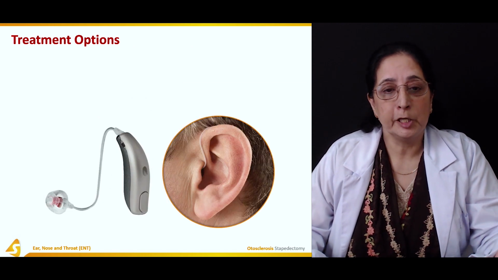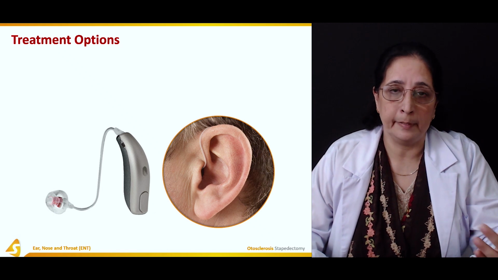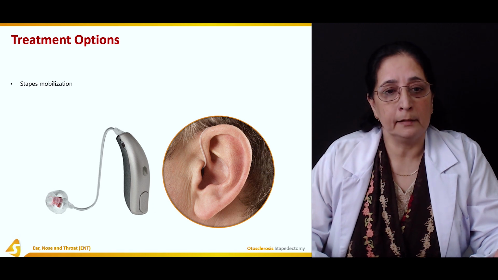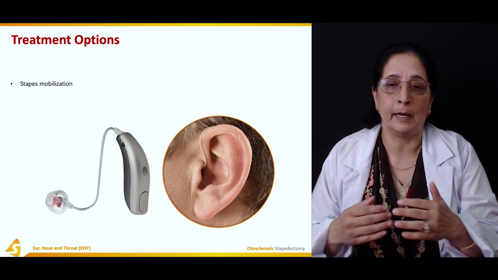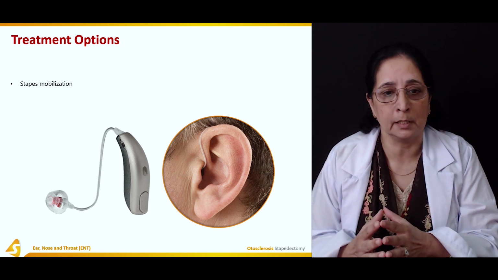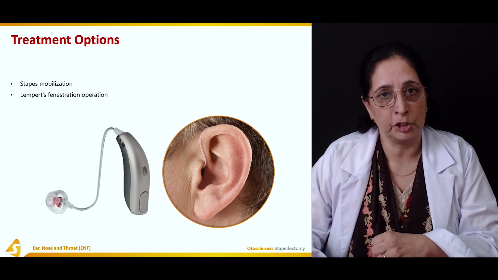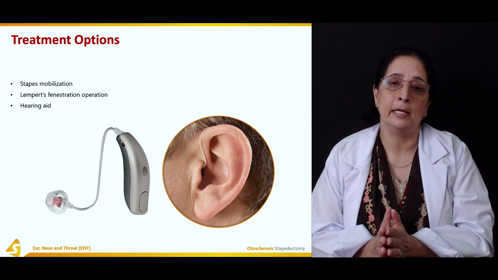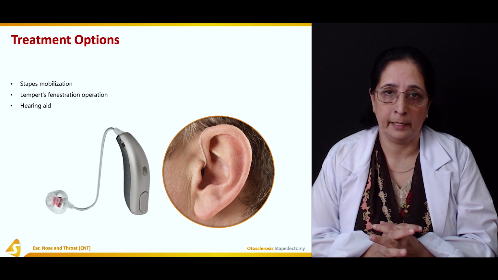Then there are some other treatment options for otosclerosis. If stapedectomy is not recommended, then there may be just the mobilization of the stapes by removing the otosclerotic portion. Another is the fenestration operation, and then a hearing aid is also an option if the patient has a hearing problem.